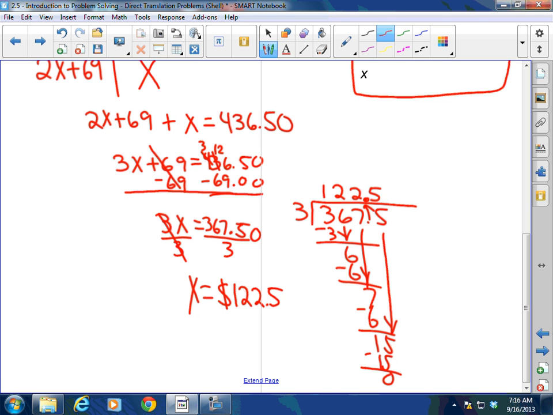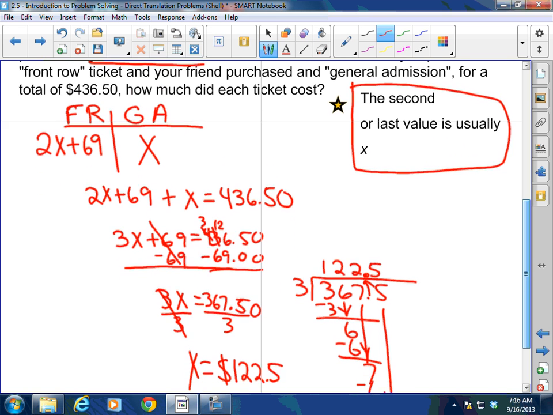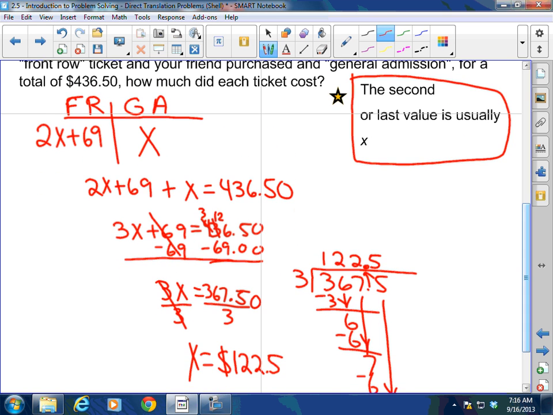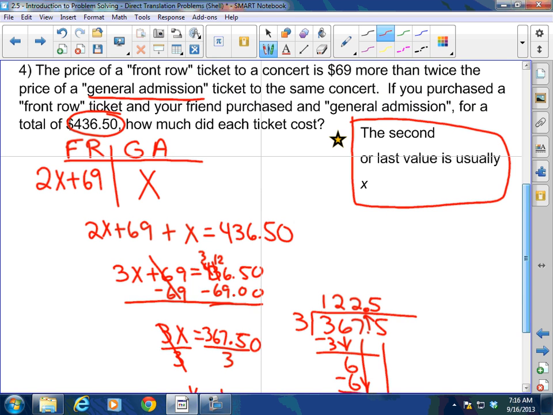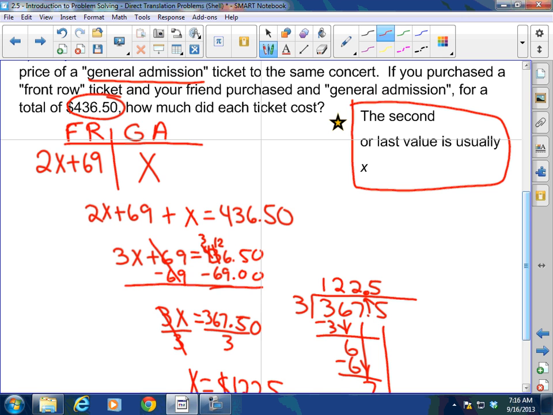You are not done. You just solved the equation. Is it reasonable? Yes. If the total was 436, the general admission has to be a lot less than that, so it is reasonable. Now, follow directions. They want to find the cost of each ticket. So plug in your x.